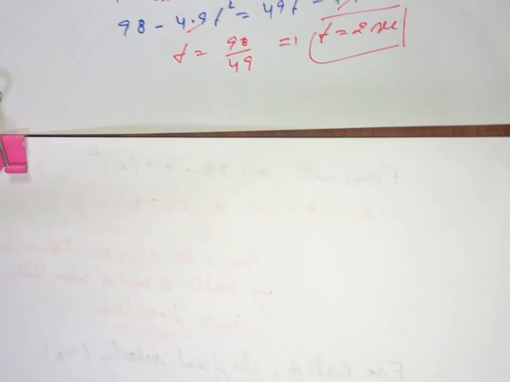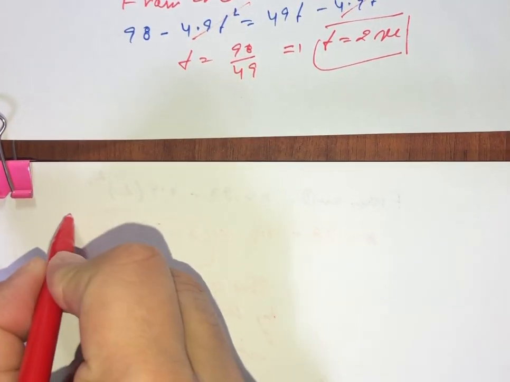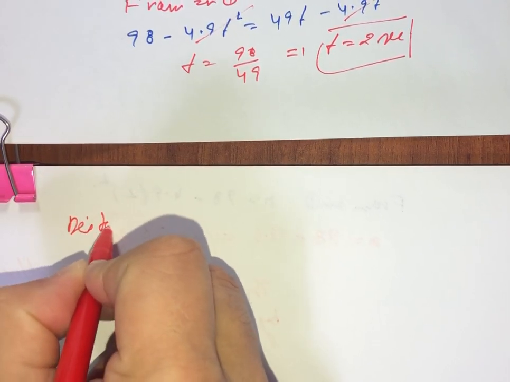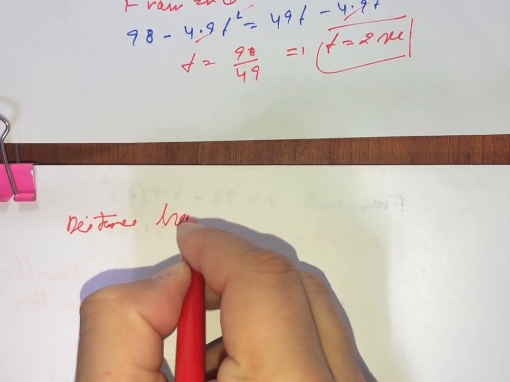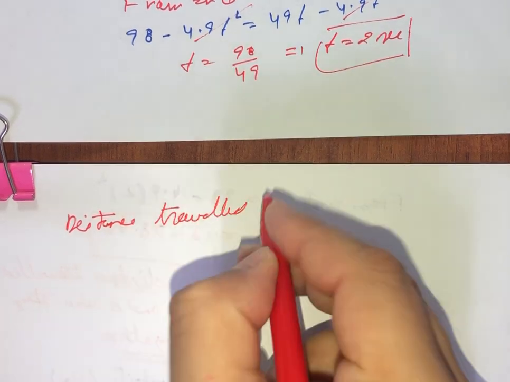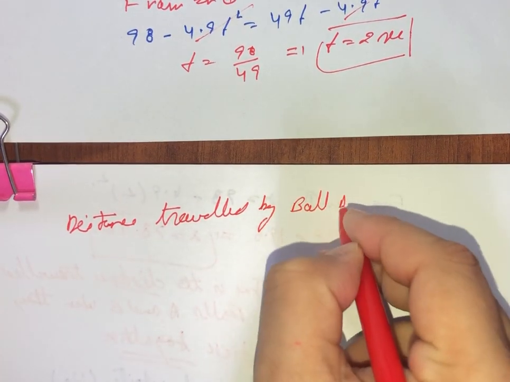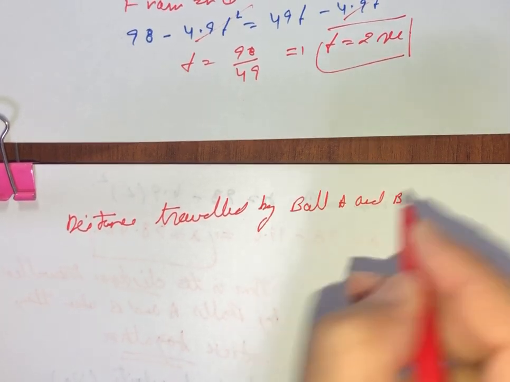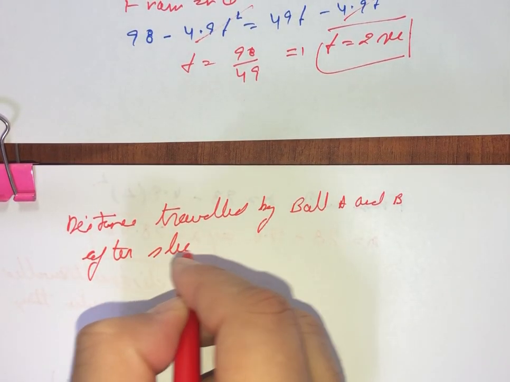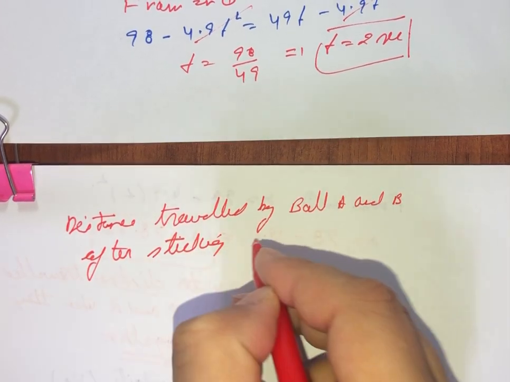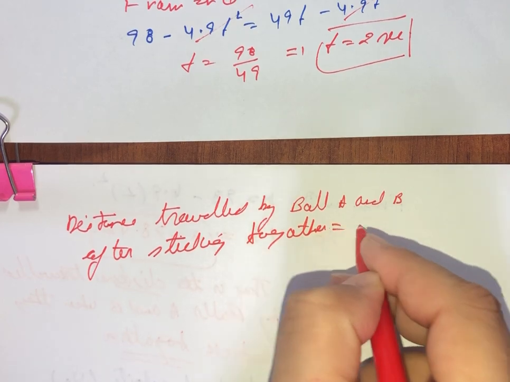We can say distance traveled by balls A and B after sticking together is equal to x.